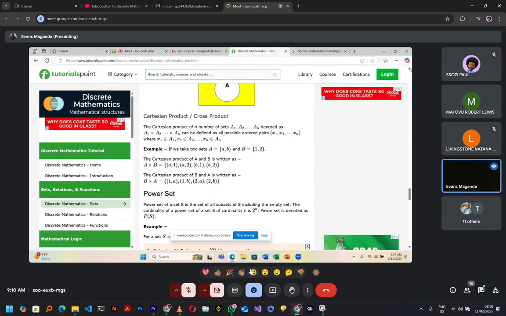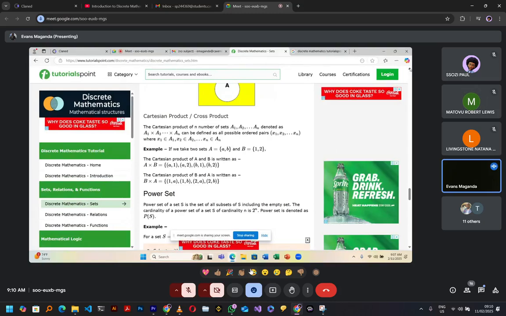So what we mean here, you try to look at multiplying elements and you try to create pairs. The best way to say it is that when you are looking at the Cartesian product, you are looking at the pairing of the elements from different sets so that you can create and establish a relationship.